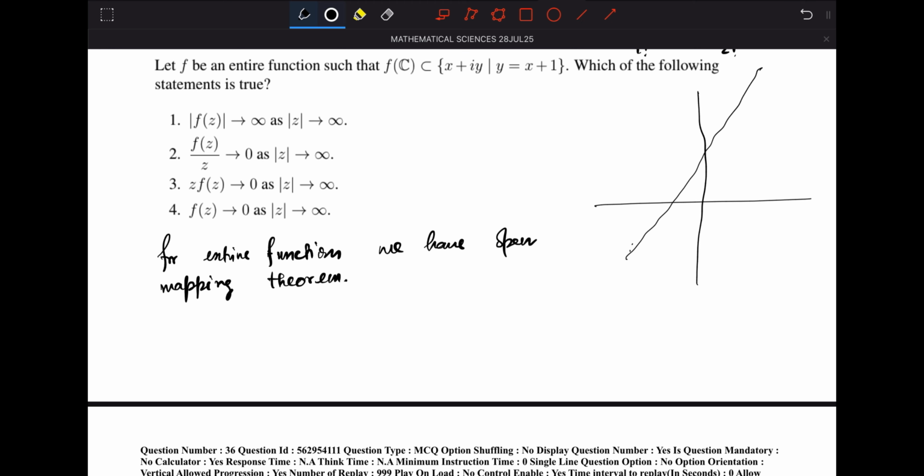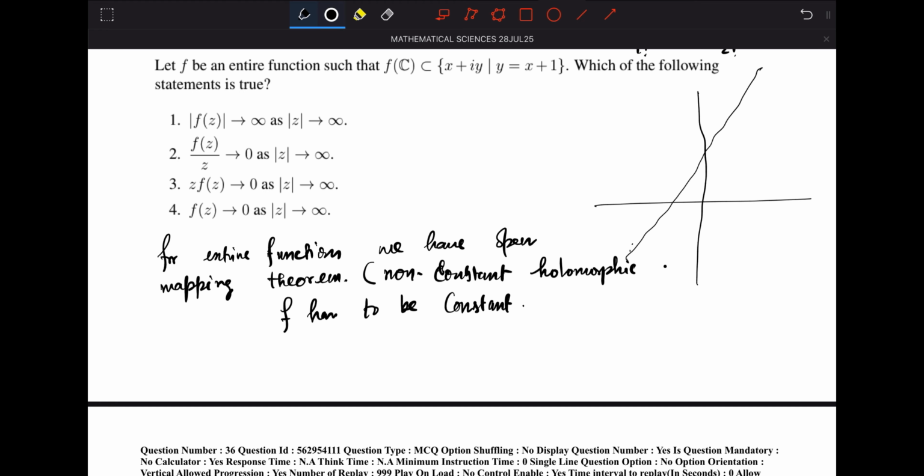But as the image of f(C) is contained in a straight line, that certainly does not contain any open ball. So f has to be constant. The open mapping theorem is for non-constant holomorphic functions, so f has to be constant.